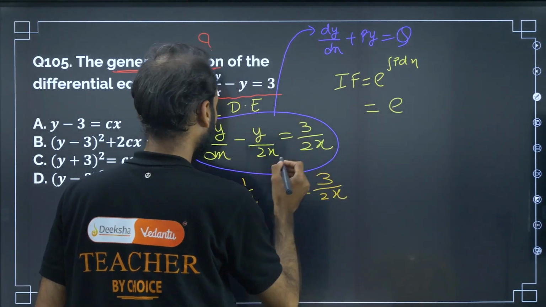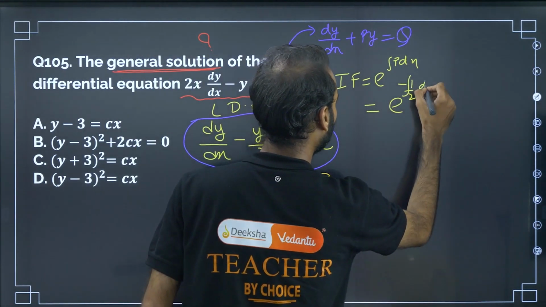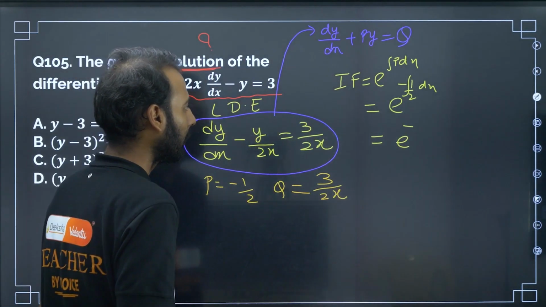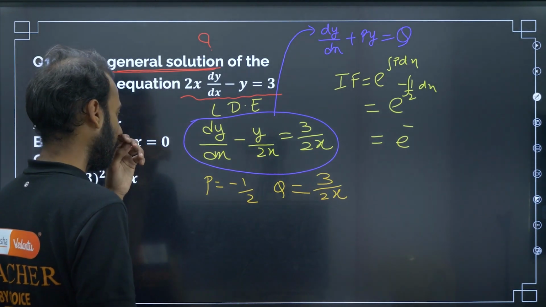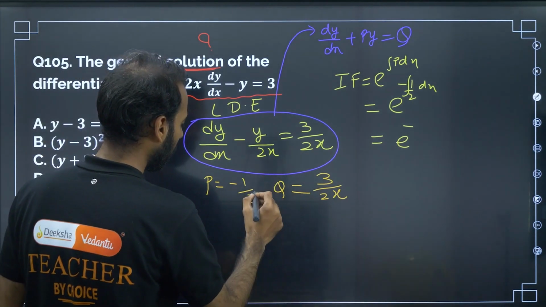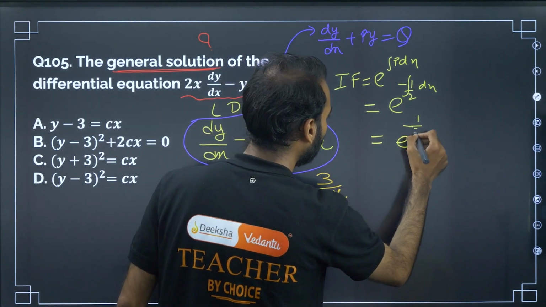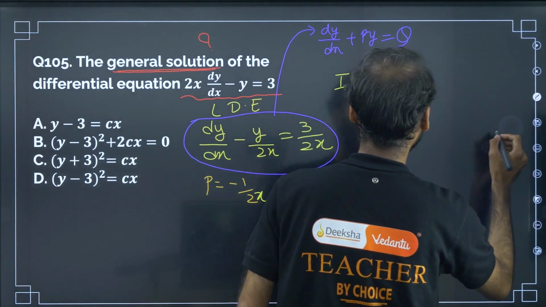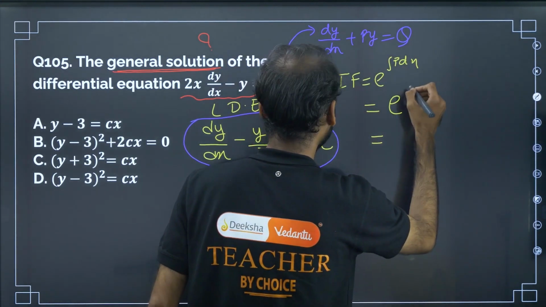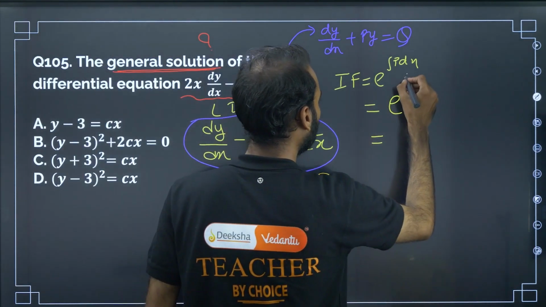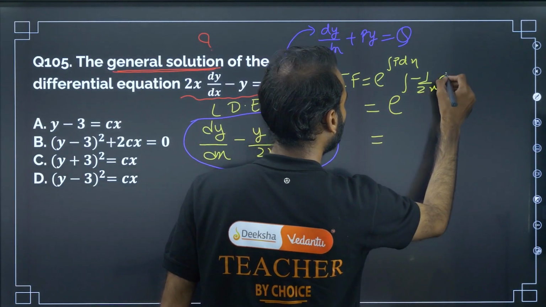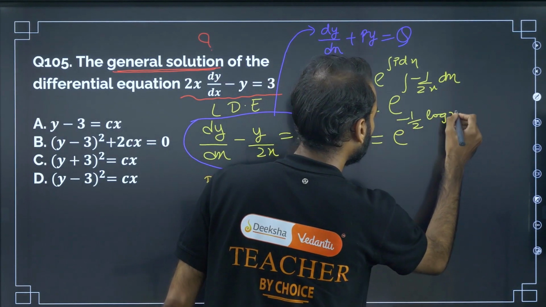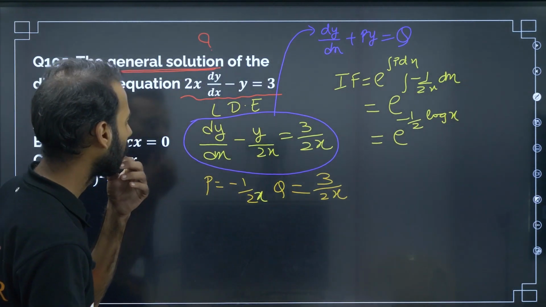IF is equal to e raised to integration of minus 1 by 2x dx. I will take minus 1 by 2 out of the integration and I am left with log x.